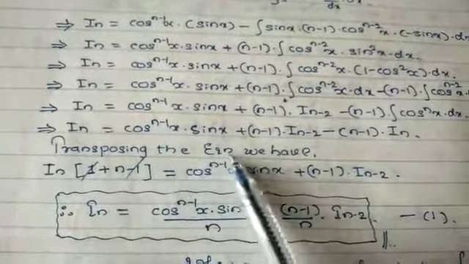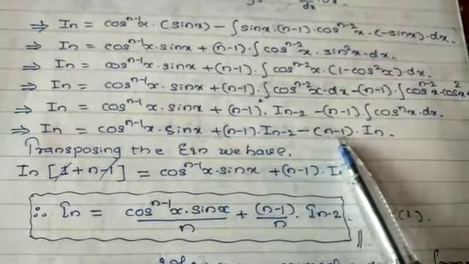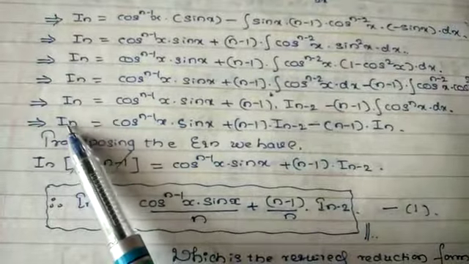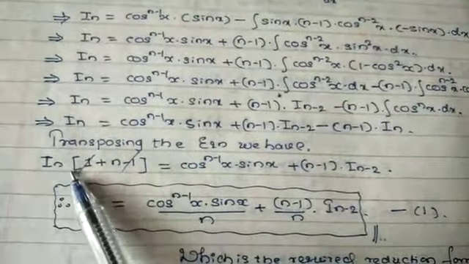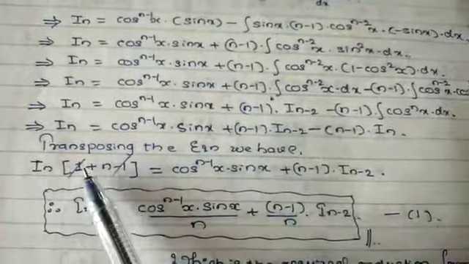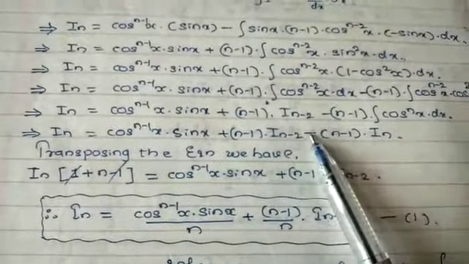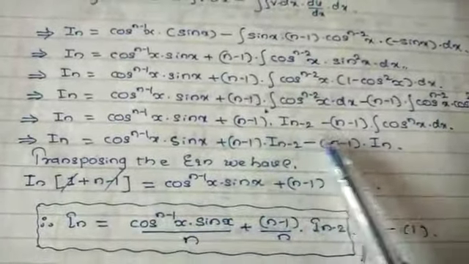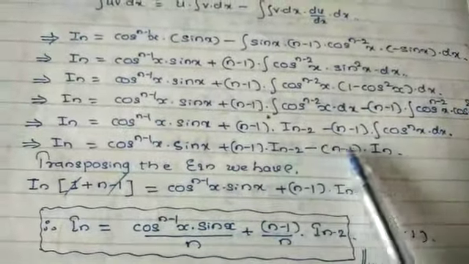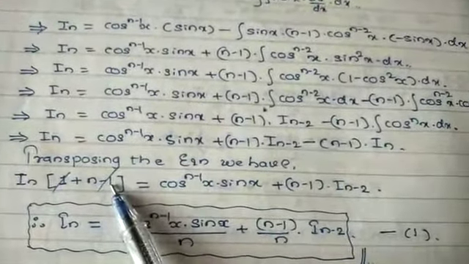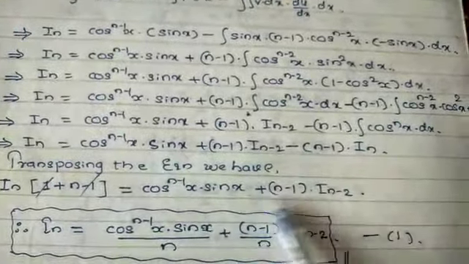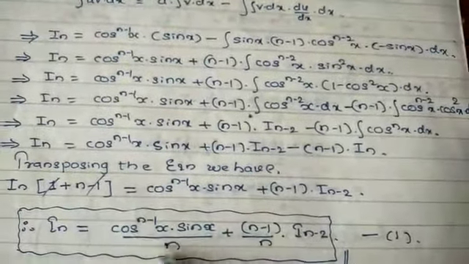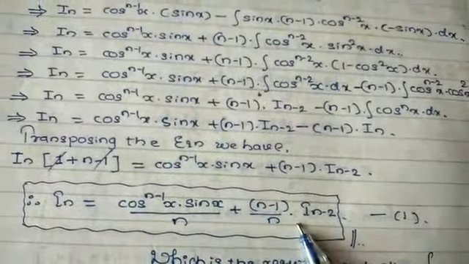Next step, transposing the above equation: minus of n minus 1 into I_n, we have to take on the LHS. I_n is already there, therefore I_n into bracket: this minus n becomes plus n, and minus of already 1, so I_n into bracket 1 plus n minus 1, which is n. So n I_n equals the term as it is, plus, and n comes to the denominator of the RHS part.